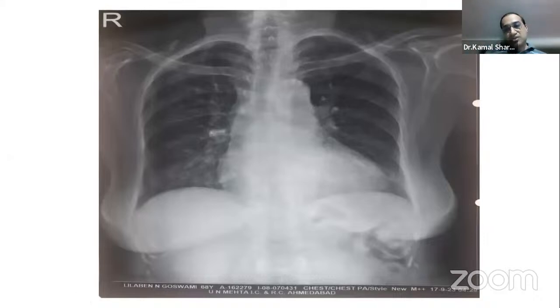You may be asked about differentials of LVOT obstruction. You must remember the three variants of subaortic stenosis. What are the three variants? One is HOCM, of course. The other two are the membrane and the tunnel. The membrane, how is it different?